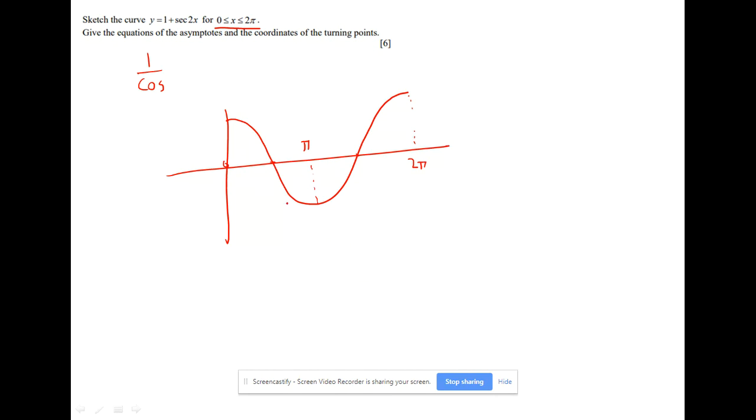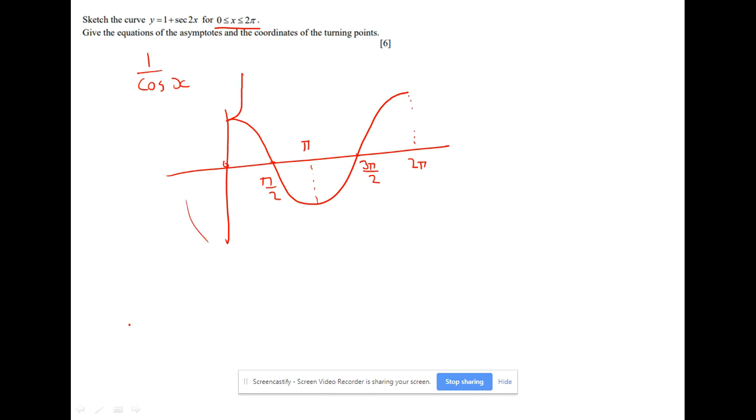These points are also going to be important: pi upon 2 and 3 pi upon 2, because that's when it equals 0, and obviously when we're doing sec we can't divide through by 0, so they become important. Now for sec, the graph goes up like this.